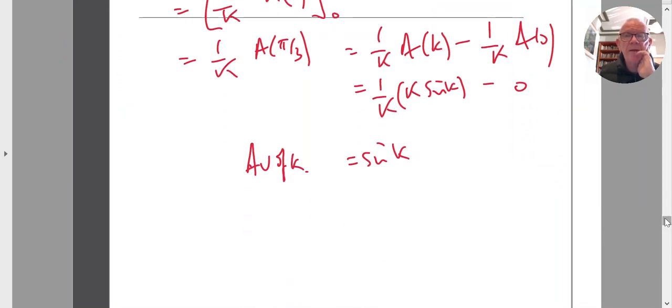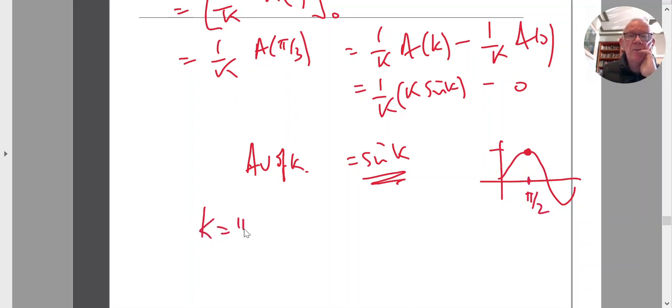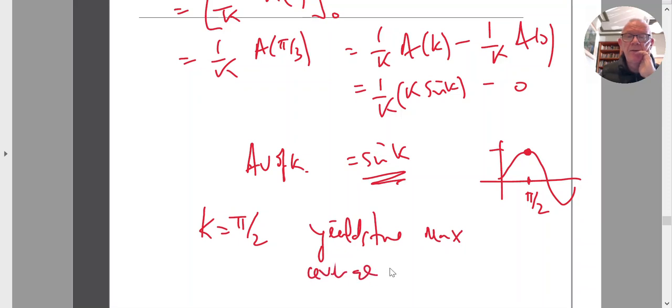Well, a maximum average value for the sine function will be 1, and that will happen when k equals pi on 2. So k equals pi on 2 yields the maximum average value of 1.